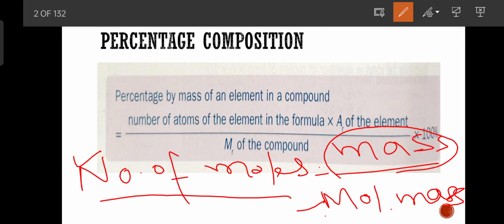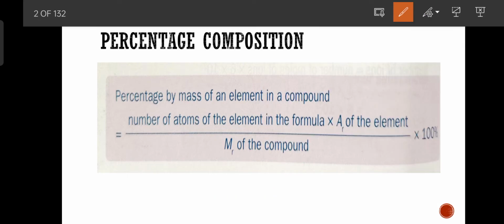To find the number of moles, we have discussed another formula already, that is by using Avogadro's number. That formula was that if you have the number of particles, which refers to number of atoms, number of molecules, number of ions, anything can be considered as number of particles. If you have the number of atoms, that is also number of particles. So which formula can you use to find the number of moles?